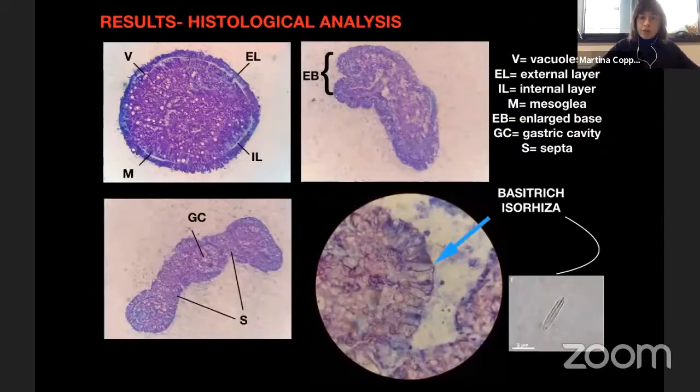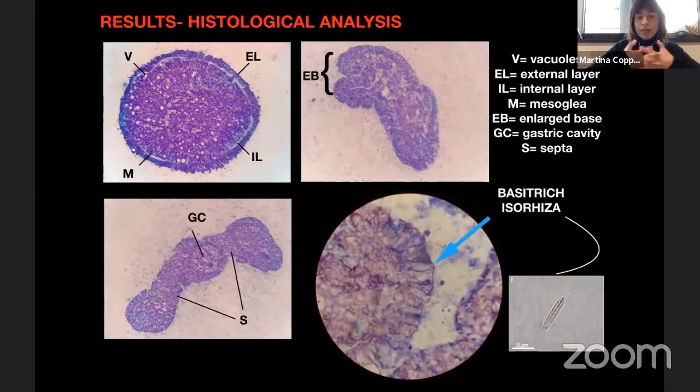We also performed histological analysis, and in this picture you can see the section of a circular, an elongated, and a polypoid propagule. In the first picture, you see a complete rearrangement of the internal anatomy of the propagule, and there is still a thin layer of mesoglea, indicated with M. There is an external and an internal layer, and also many vacuoles of unknown function.